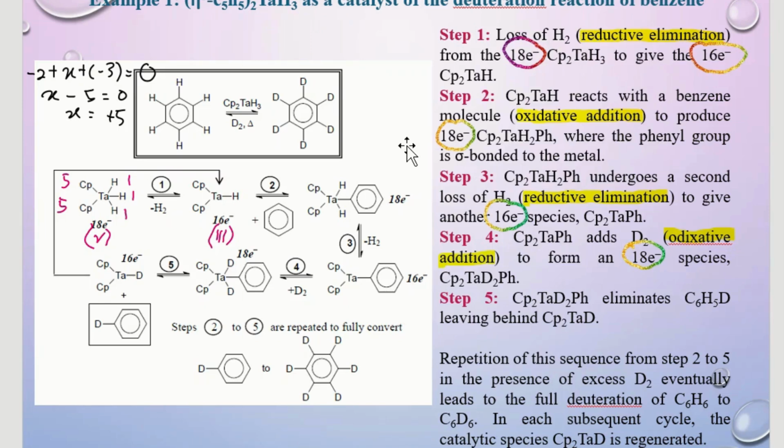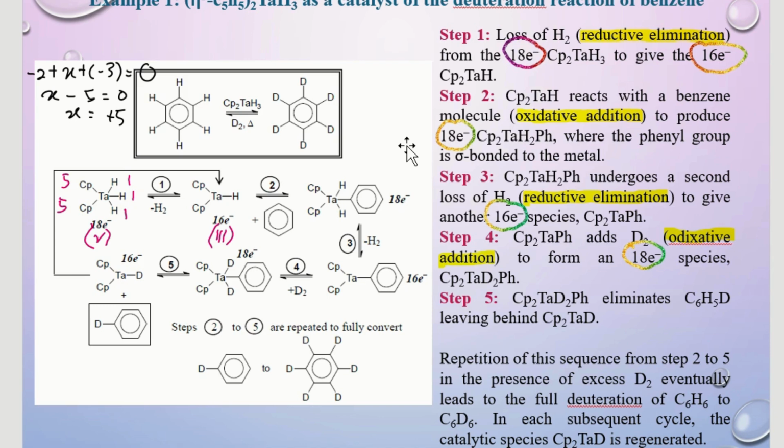So now, first we start with example number 1, the production of benzene. They use Cp2 tantalum trihydride as a catalyst, through the deuteration reaction of benzene.